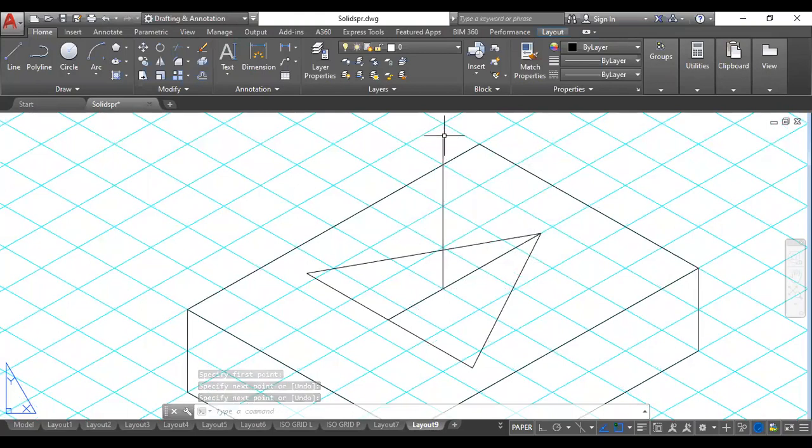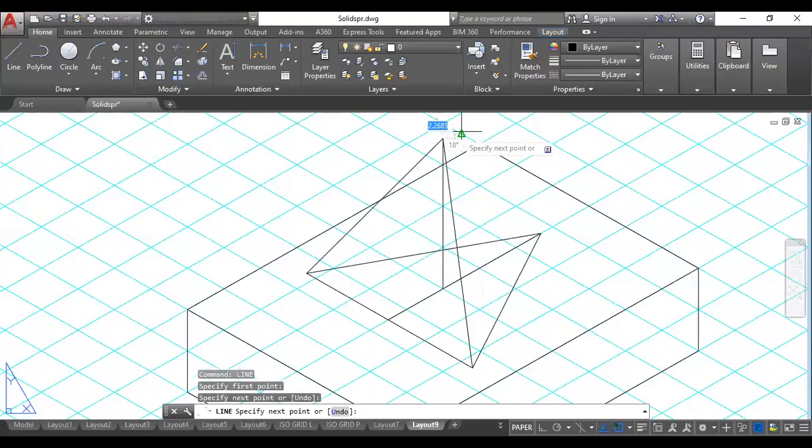Now this is the apex. You know that all the corners are joined to the apex. So join corner A to apex, corner B to apex, and corner C to apex. So this is how the tetrahedron will look.